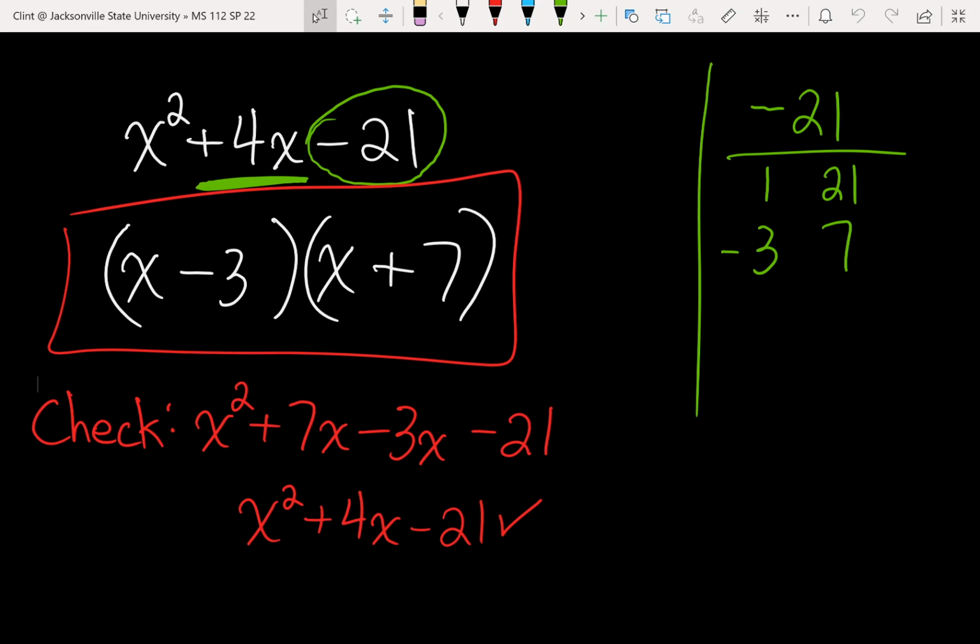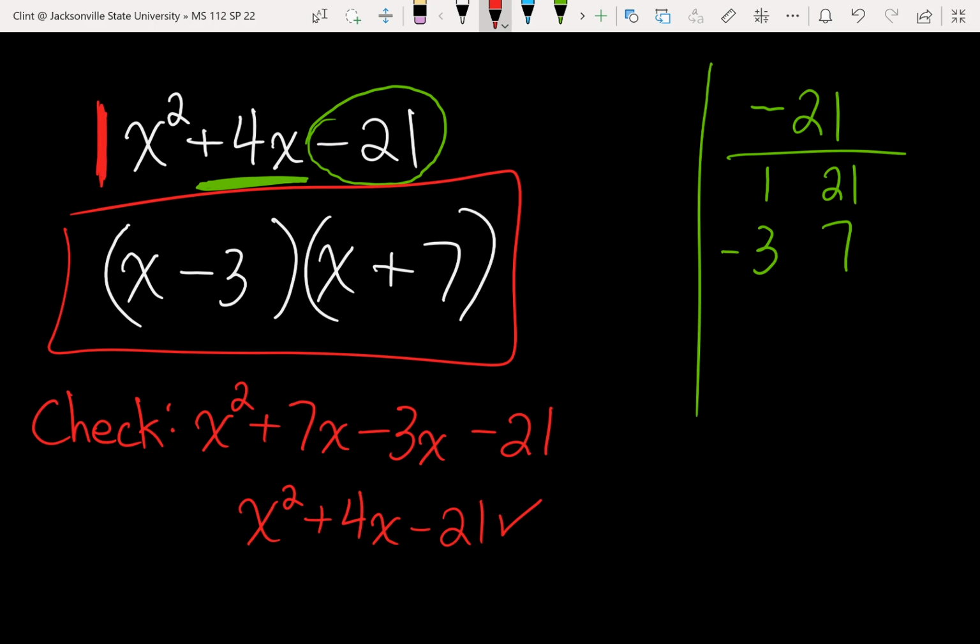The factors we found were negative 3 and 7. On both of these, the thing that was a little bit special is that our leading coefficient with the x squared term was a 1. That makes things a little bit easier on us.